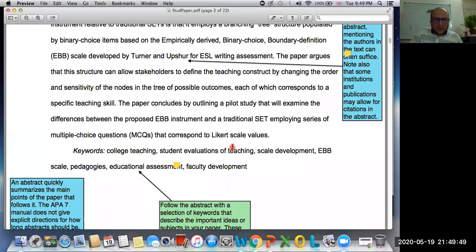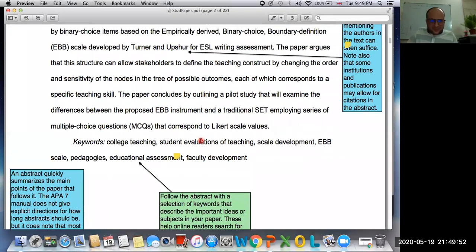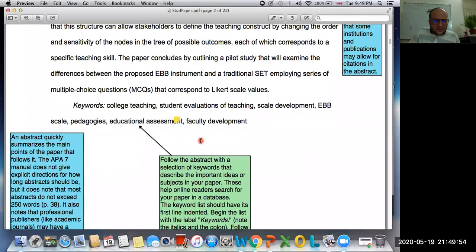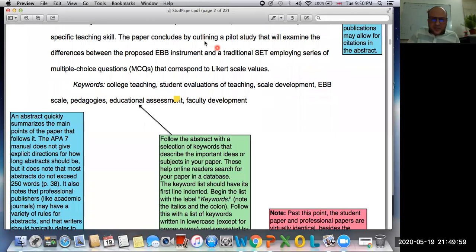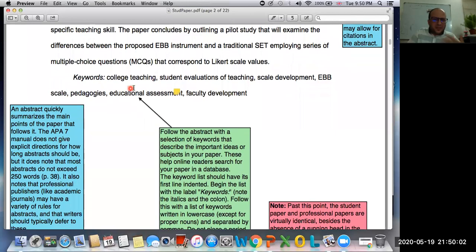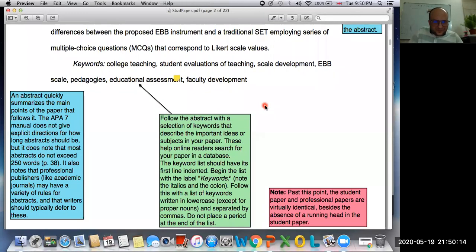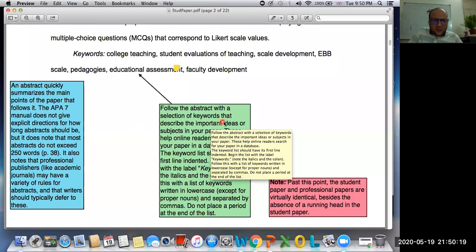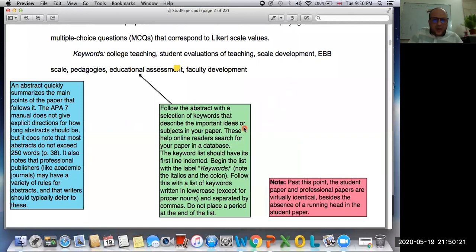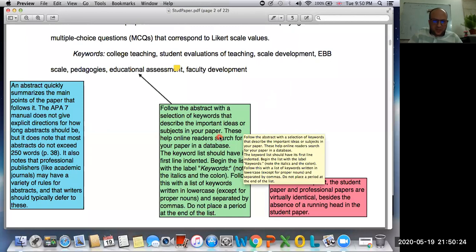And also one of the most important things is that you should also include some keywords. Keywords, the major concepts that are going to be discussed in your research paper, which are considered the core, the foundations, the research core. Then, as indicated here, you should follow the abstract with a selection of keywords that describe the important ideas or subjects in your paper.